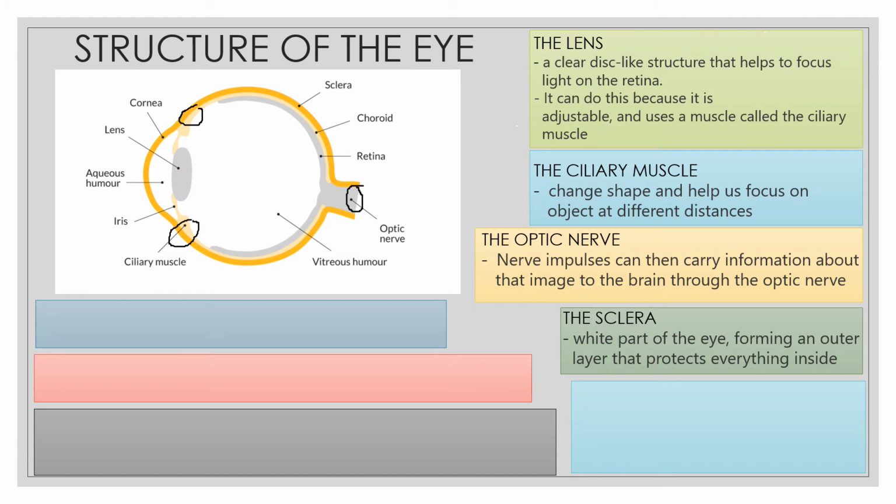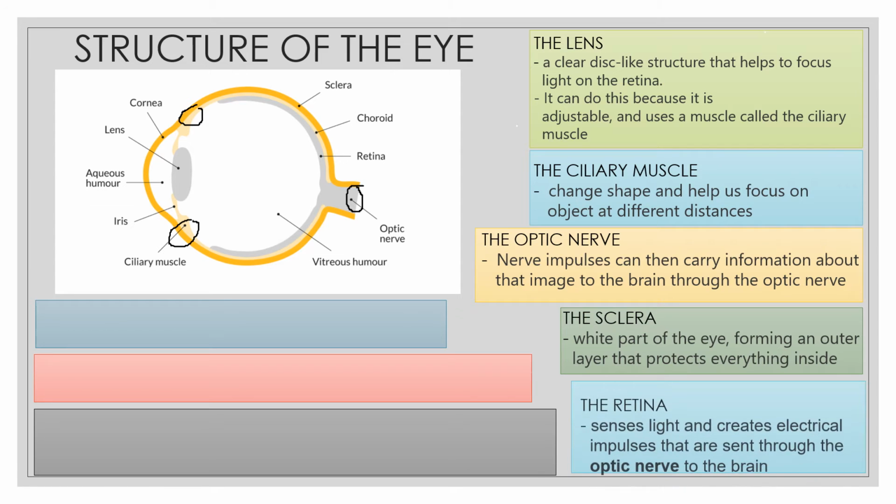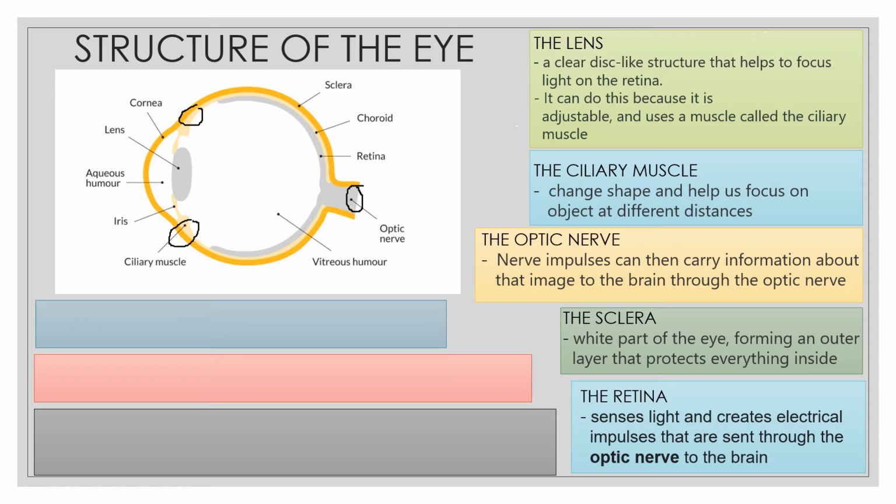As I mentioned earlier, a sclera provides protection and also it provides form. The retina senses light and creates electrical impulses that are sent through the optic nerve to the brain.